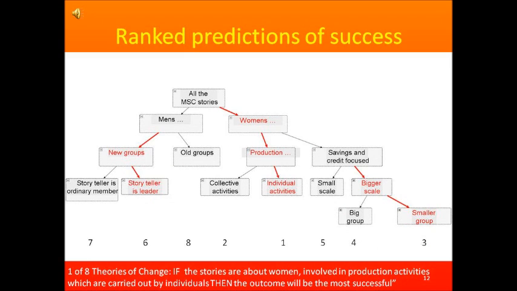In this next slide, I want to show you how we can obtain a full success ranking of all the types of stories from the individual binary choices that were made in the previous slide.